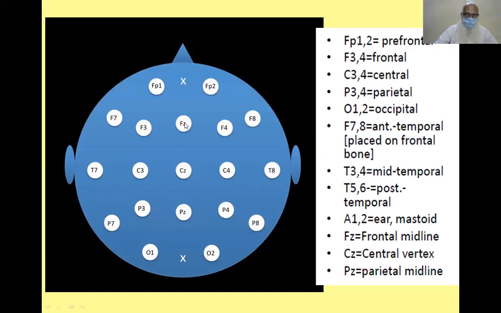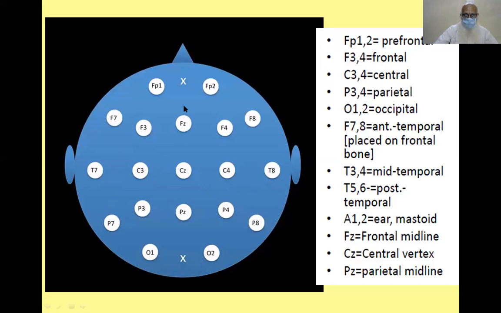Then F refers to frontal. So these are frontal, then these are central. T is temporal, P is parietal, and O is occipital. So accordingly, the names are given according to the lobes they are picking up activity from.